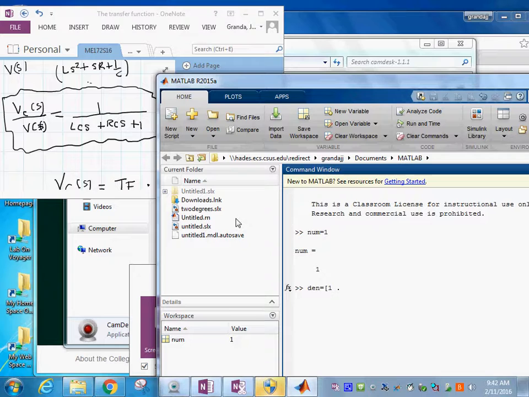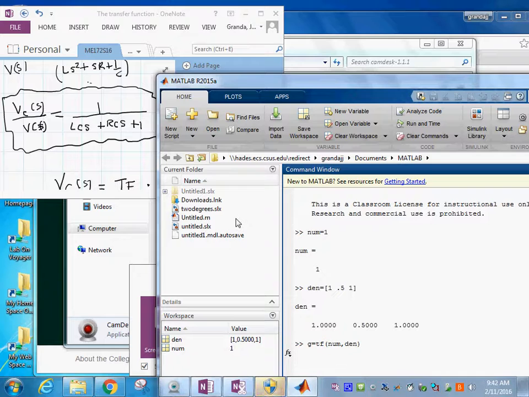Then we close the square bracket like this. Once we have defined the numerator and the denominator, we say that G is tf of the numerator and the denominator. If you do that, the computer will go to the Control System Toolbox and produce for you the transfer function as you see on the board there.